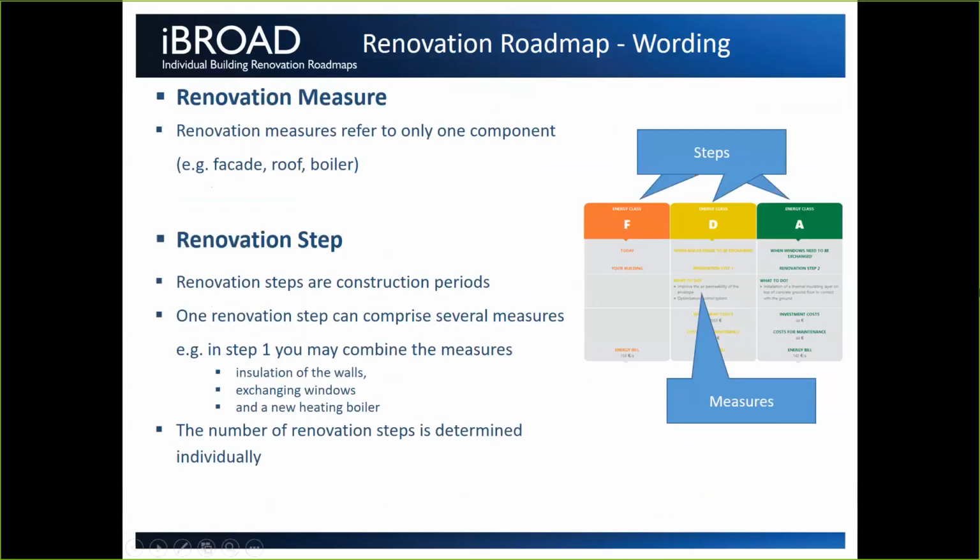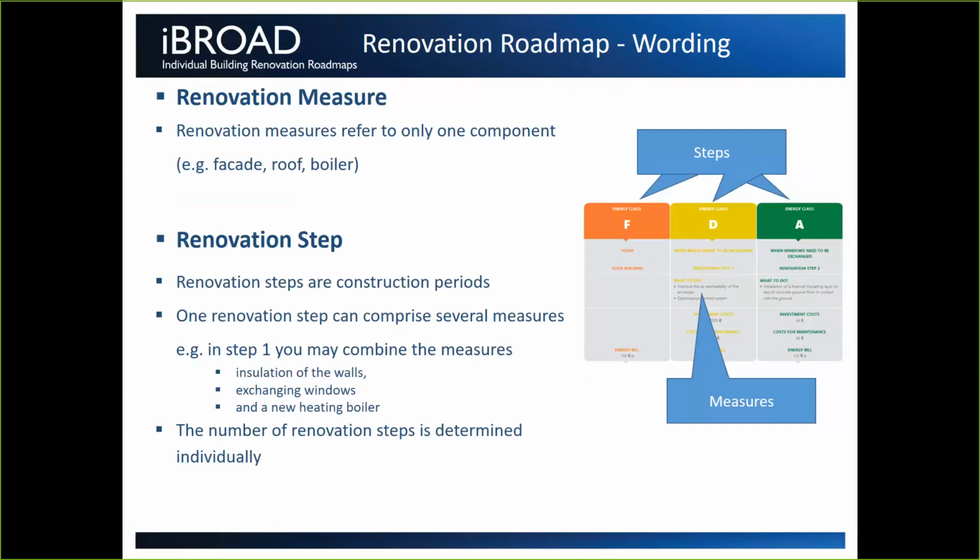One thing is very important for the understanding of the tools when we go to the tool soon. This is distinguishing measures from steps. Renovation measures, you can say, only refer to one single building component. That might be the facade or the roof or the boiler. So these are all renovation measures, if you insulate the facade, for example. A renovation step means a construction period. In this period, you might combine certain measures, more than one.